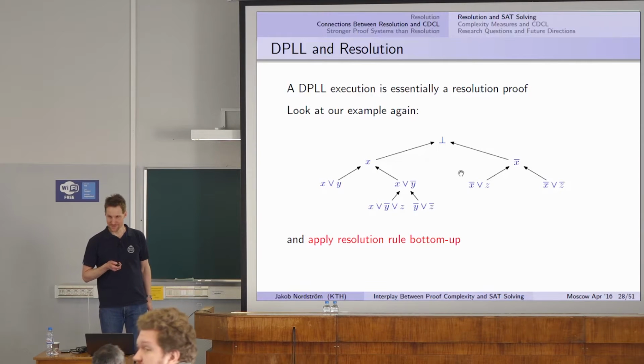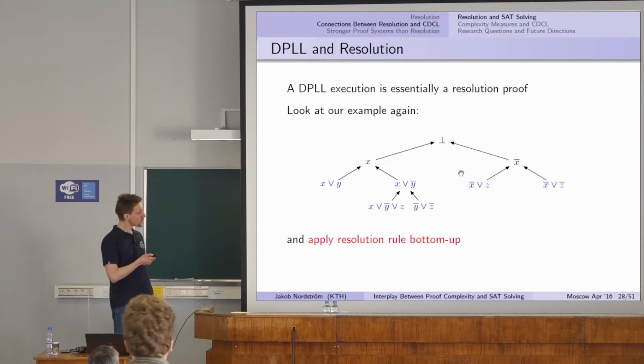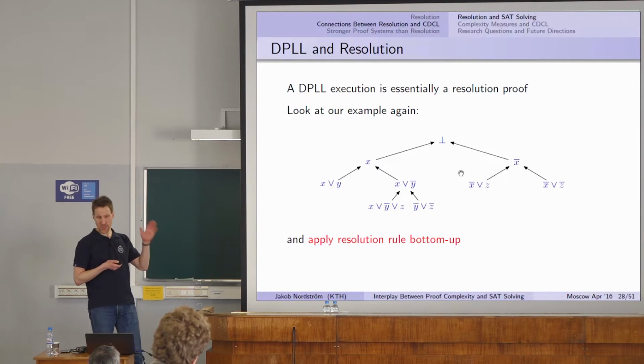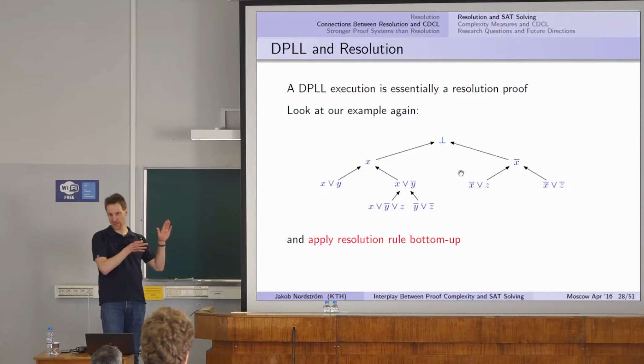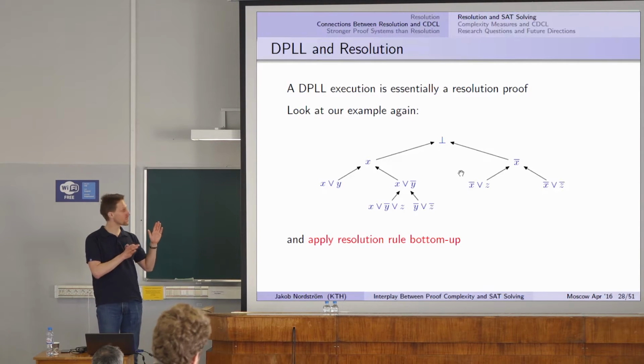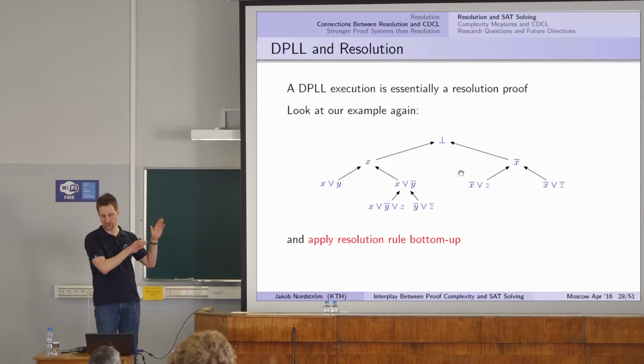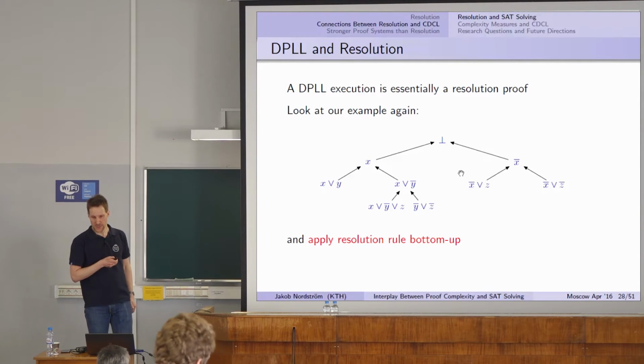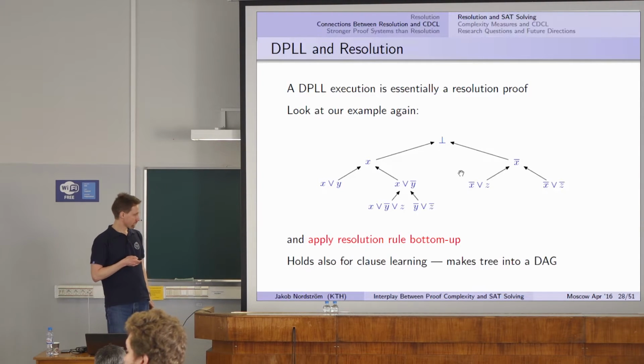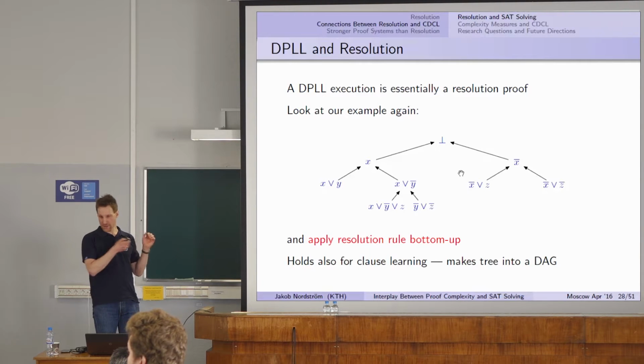In particular, it's even tree-like. The vanilla DPLL method from the 60s will always give you a tree-like resolution proof. And it holds also when you add clause learning from the 90s, and then what happens is that you learn clauses and keep them around, and they add DAG edges that violate the tree-like structure.